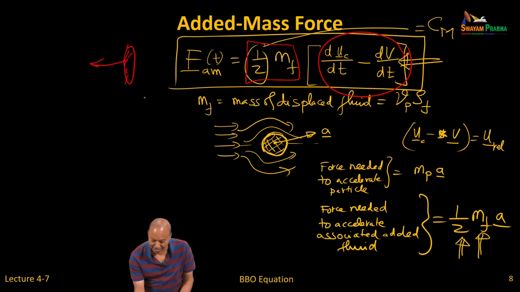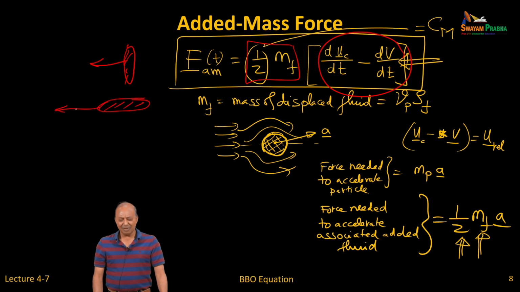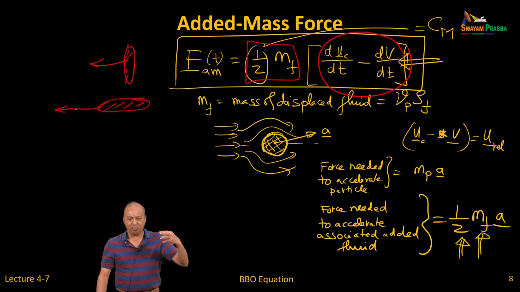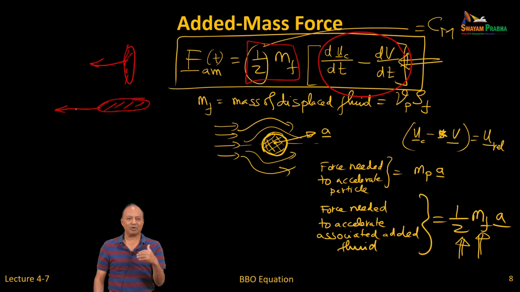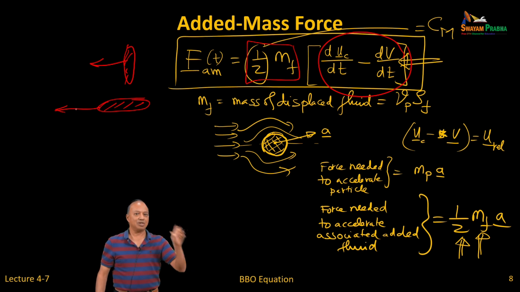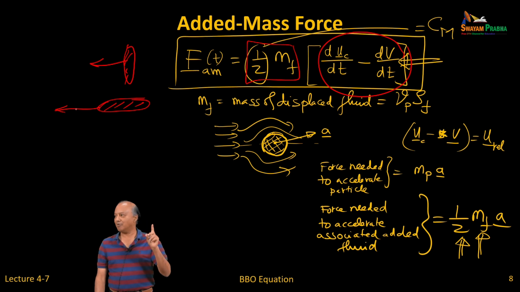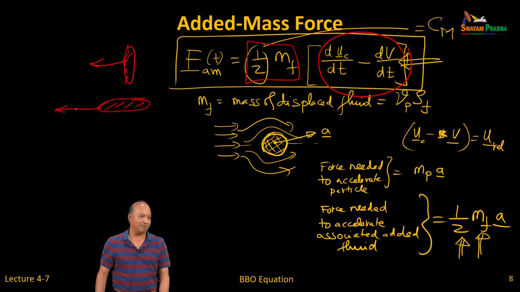On the other hand, if you have a particle like this and you want to accelerate it, you can easily imagine that the amount of fluid being pushed around due to the no penetration boundary condition may be lower. So the added mass of this may be only 1/3 or 1/4. So added mass is a very geometry dependent quantity, and it has nothing to do with viscosity. It is only due to the no penetration boundary condition. It is an inviscid force.